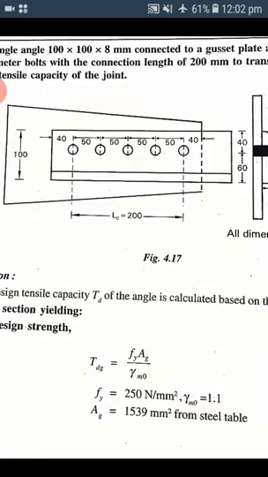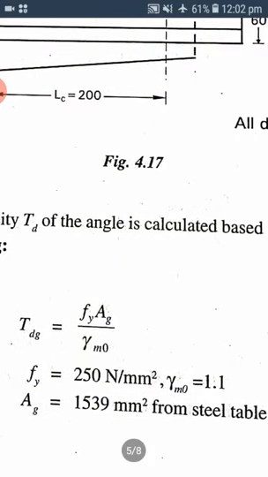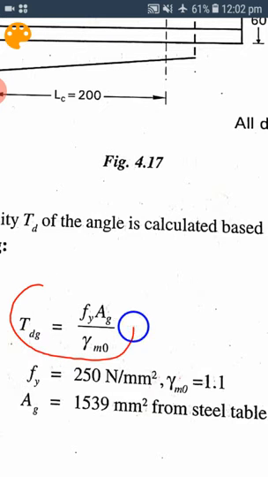This is the formula we use, Tdg. This formula is given in IS 800 2007, page numbers 32 and 33. If you refer, you will get this formula, which represents the cross section yielding.